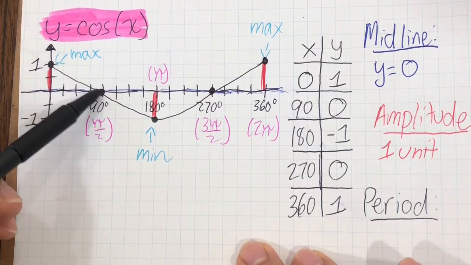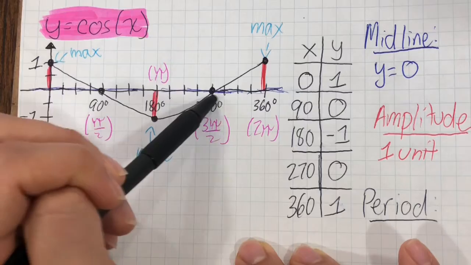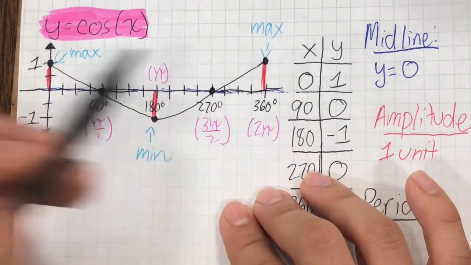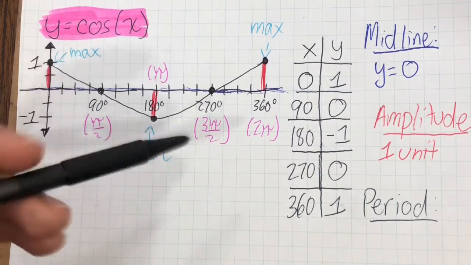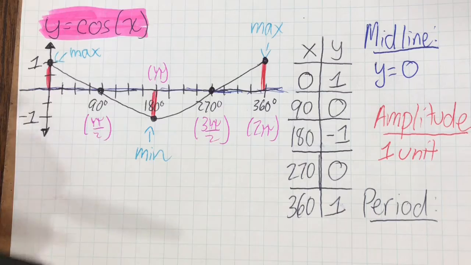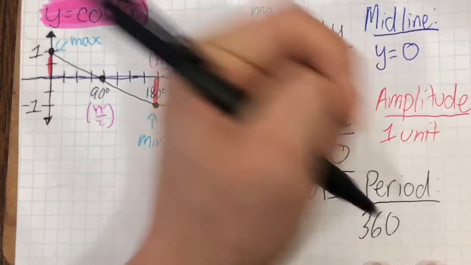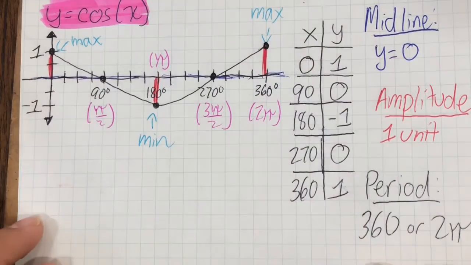So max, mid, min, then back up to mid, then we're back up to max. So at 360, we're back in the same spot that we started. So the period for cosine of x would be 360 degrees or 2 pi in radians, all right?